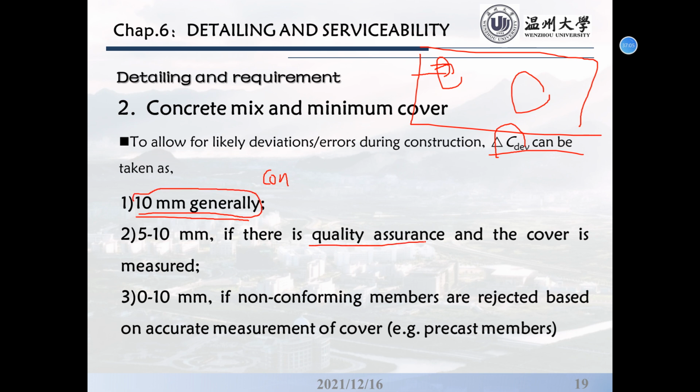If there is quality assurance and the cover is measured, we can choose a specific cover, right? And for non-conforming members, there is just a range that we can choose to consider. If you feel the quality of the walls is good, the deviation we choose can be smaller.